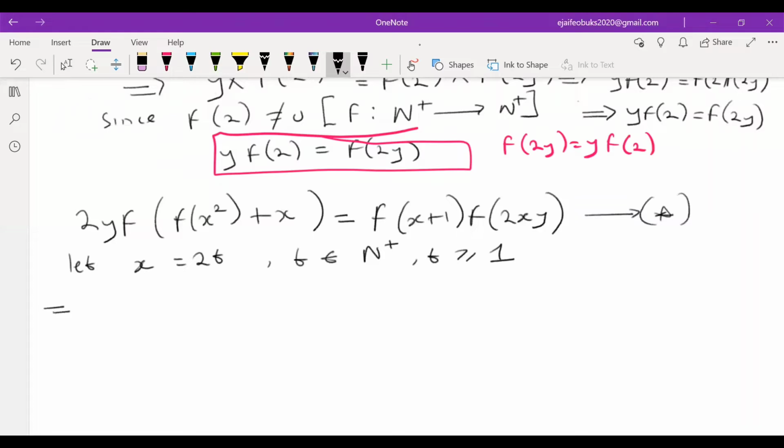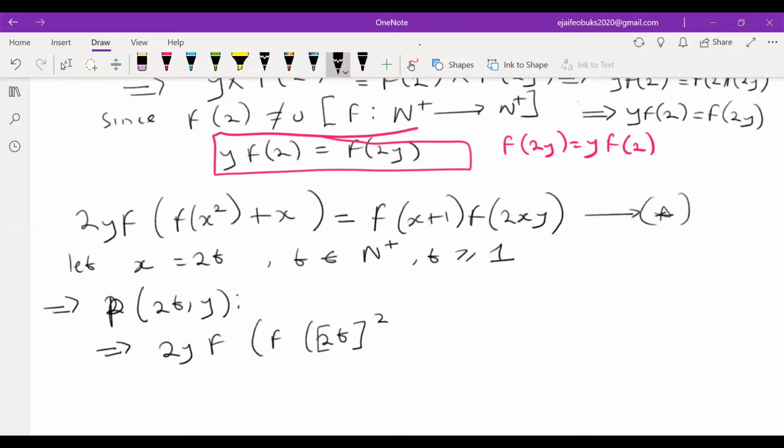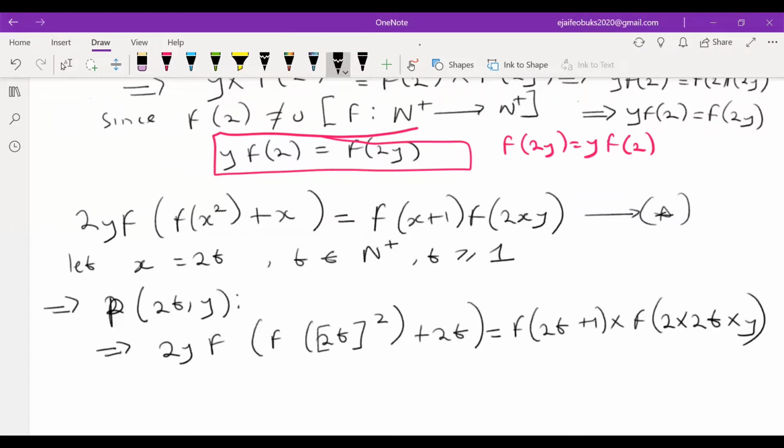Then we have p of 2t and y, where we call the problem statement p. This implies that 2y into f of 2t all squared plus 2t is equal to f of 2t plus 1 times f of 2 times 2t times y. I'm just substituting now.